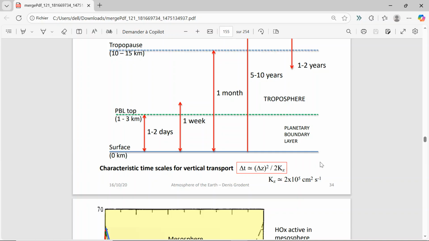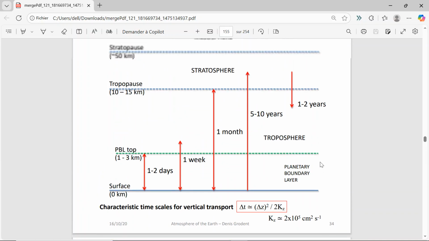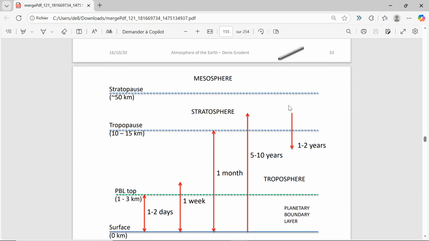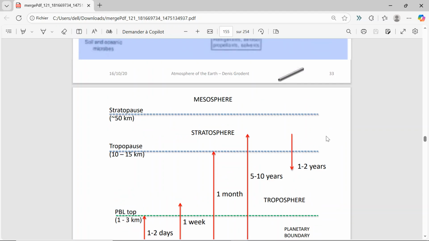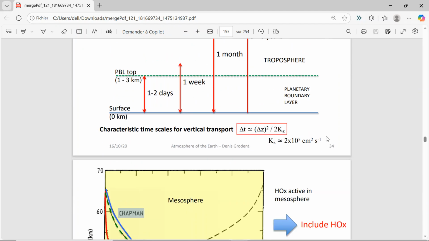Because the convection is less and less efficient. So that's why it is more and more difficult to access the high levels in the atmosphere. You got 1 to 2 years in order to drop through the tropopause due to the effect of gravity.